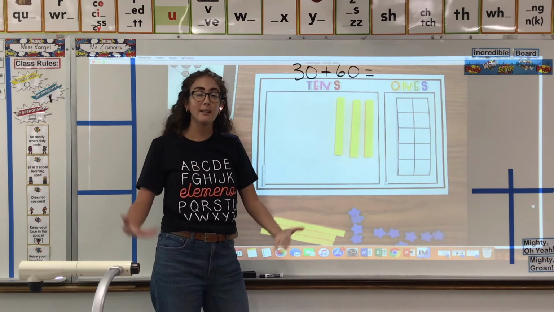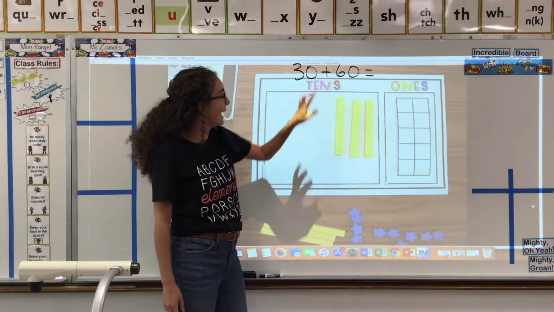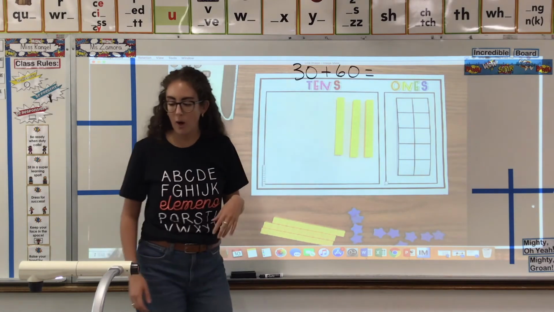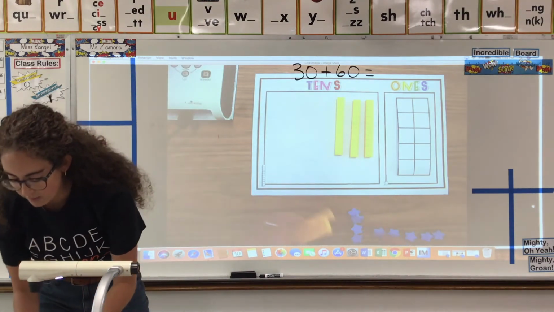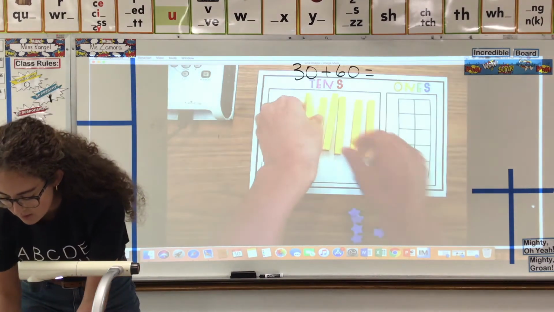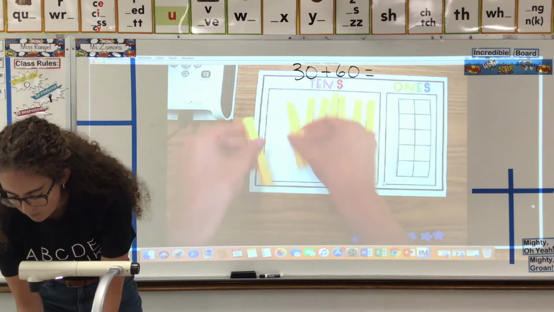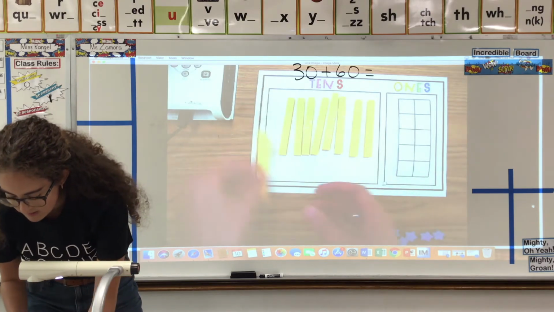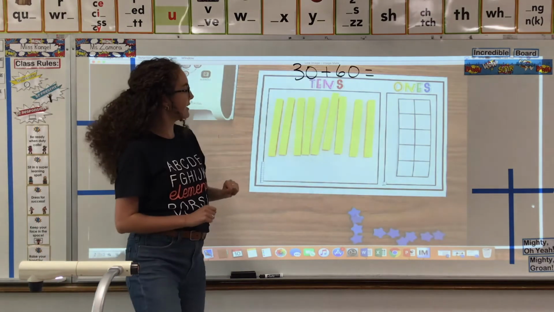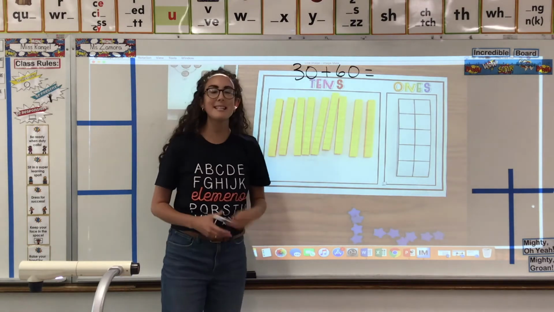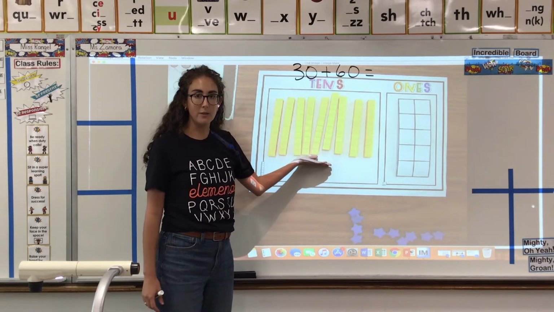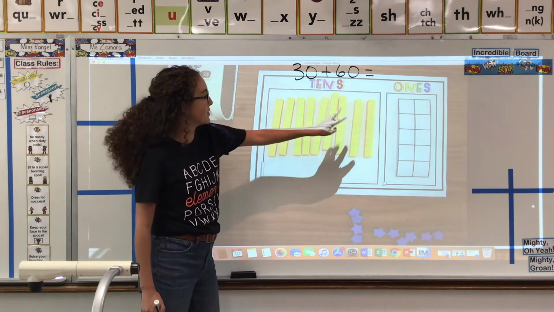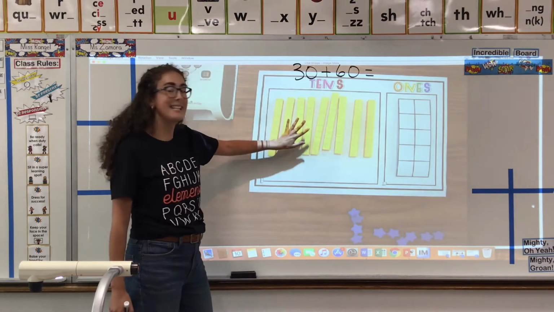So let's do that. Let's go ahead and add 6 tens or 60 to our number. Here we go. Okay, 10, 20, 30, 40, 50, 60. Awesome. I just added 6 tens to my place value chart. So we started with 3. We added 6 tens.